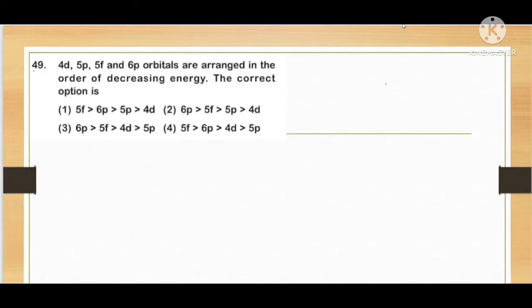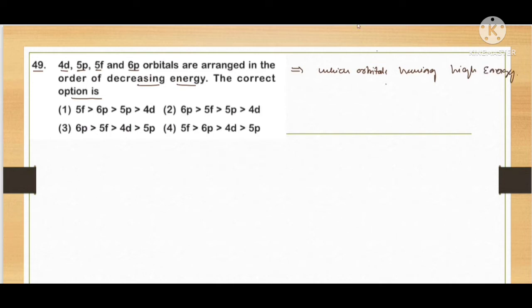Now let us discuss 49. 4D, 5P, 5F, 6P orbitals are arranged in the order of decreasing energy. Okay, the correct option is... here they are asking which orbitals have high energy.